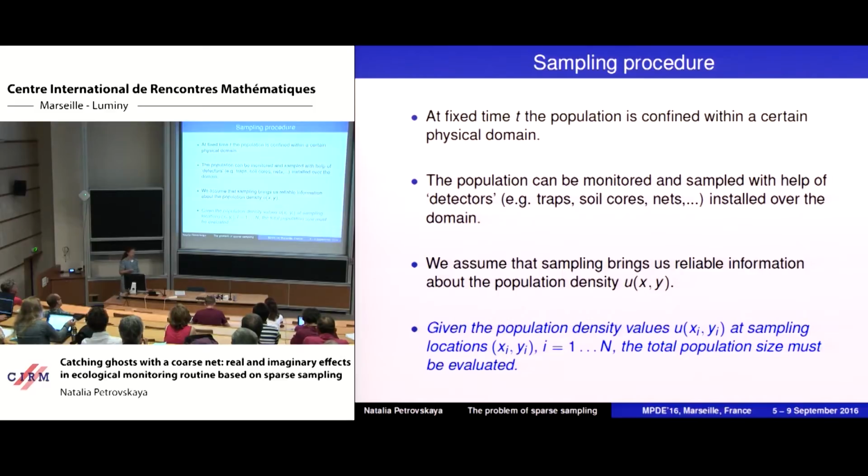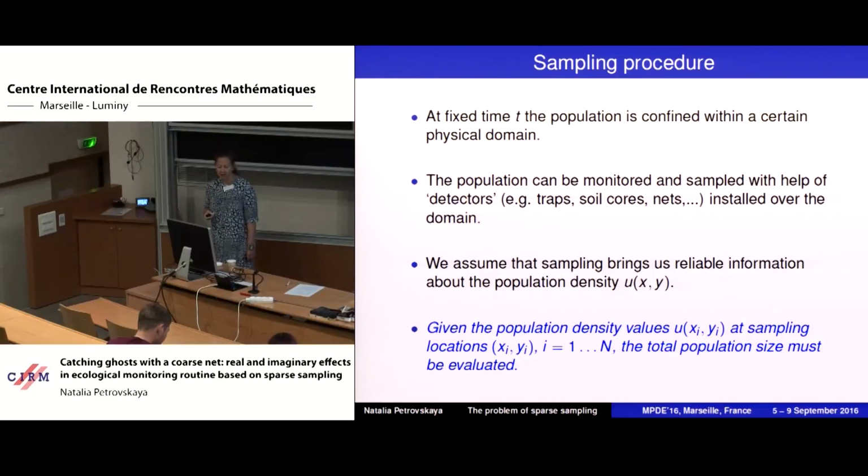The population is confined within a certain domain, and we assume that within that domain our population can be monitored and sampled, and we use what I loosely call detectors, because there is a variety of sampling devices. So we may think about traps, soil cores, nets. I will show you some examples a little bit later on. So those detectors are installed over the domain.